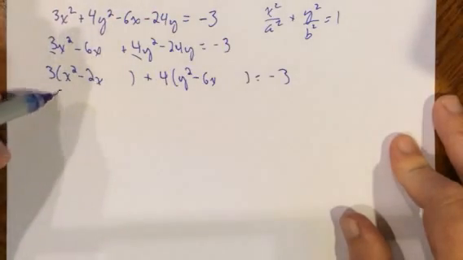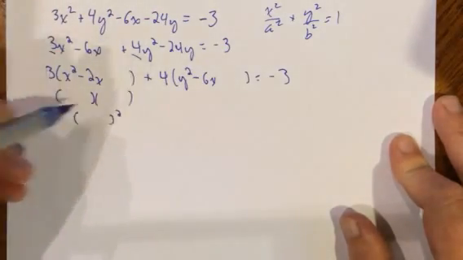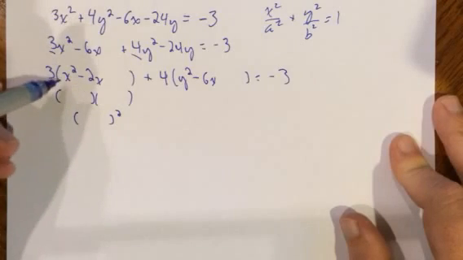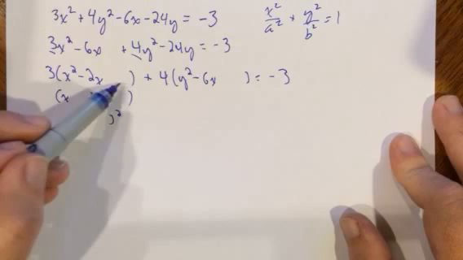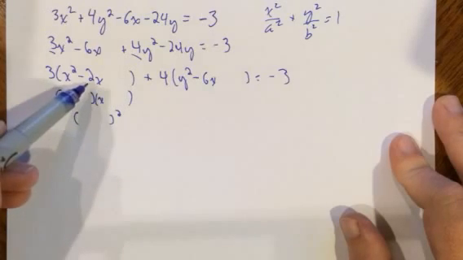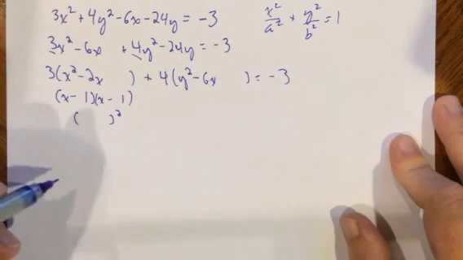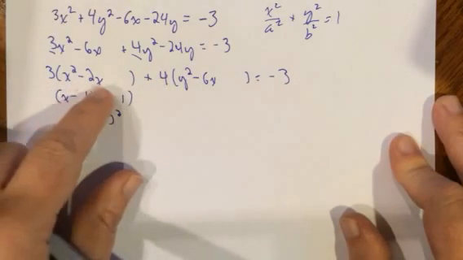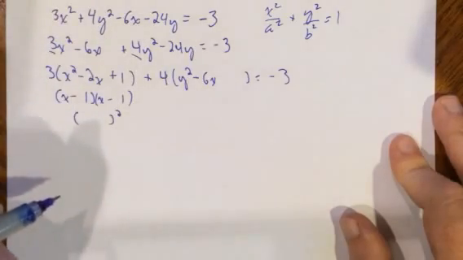I'm going to leave some space because I know I want this now to factor to a perfect square, so the exact same parentheses squared. So now that's just an x, I can do x and x. I don't know this, so I can't say things that multiply this, but I do know the same number that adds to 2. So 1 and 1, it's minus 2, so minus 1 and minus 1. The only way for this to actually factor is if I have a plus 1 right here.